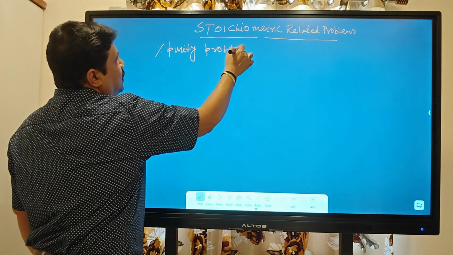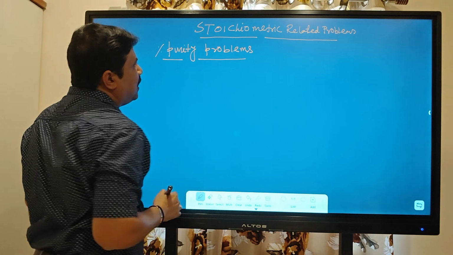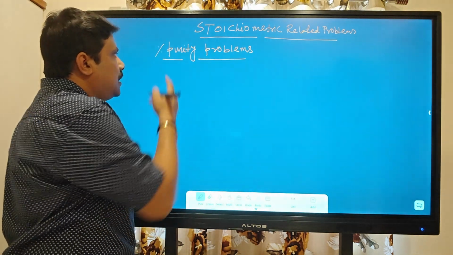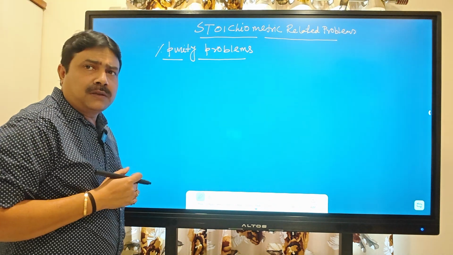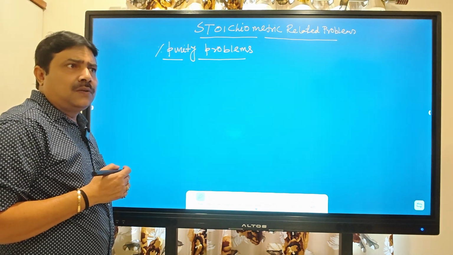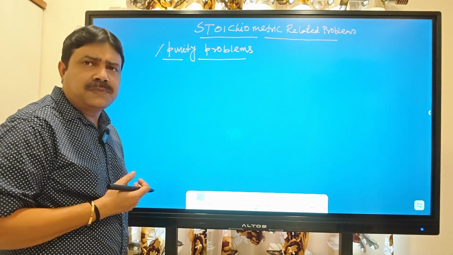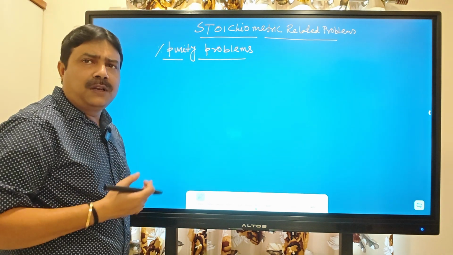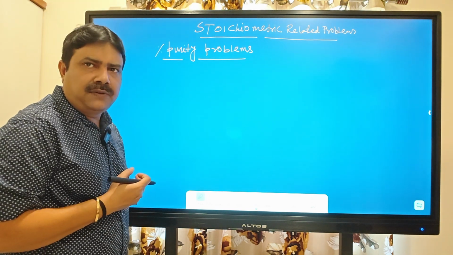We know how to calculate the number of moles and all those things in terms of mass, and all of that will help us here. In percentage purity problems, stoichiometry is a special type of problem handling. It is a tool for how you handle different levels of problems.